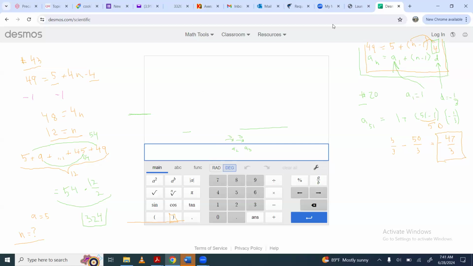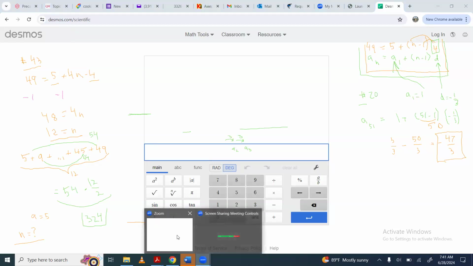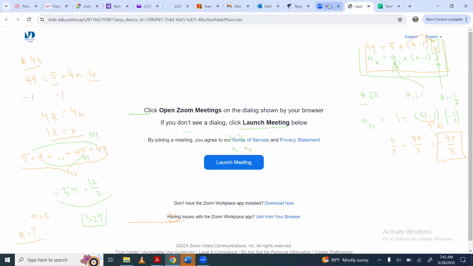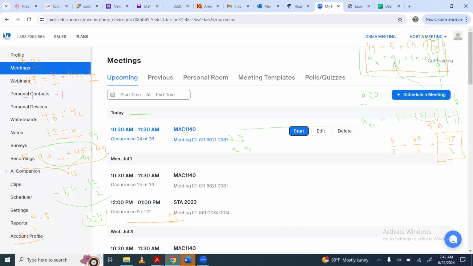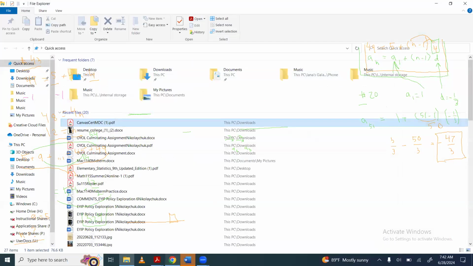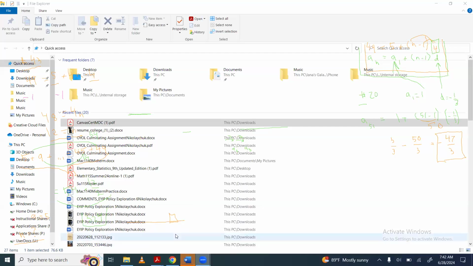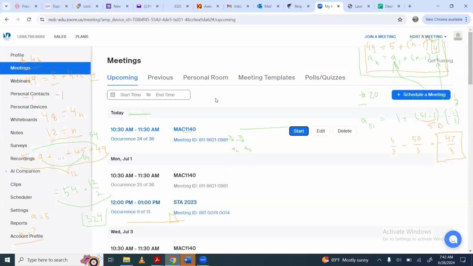Let's see what we are trying to multiply. Where is it? Where is this? It's Zoom. It's here. It should be. Where was I?